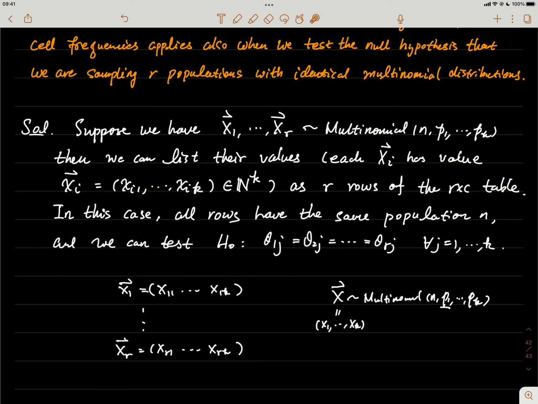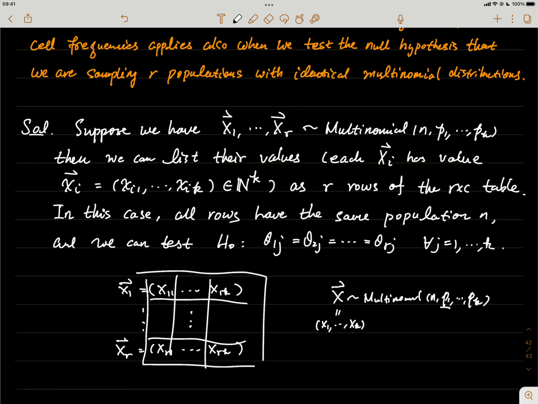So if we really have observations, then we can form this R by K table. We will have R rows and K columns.